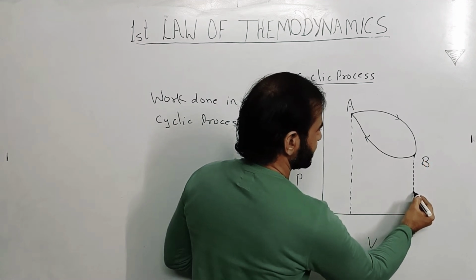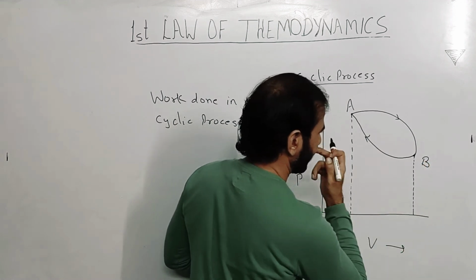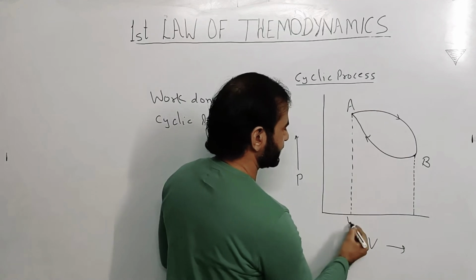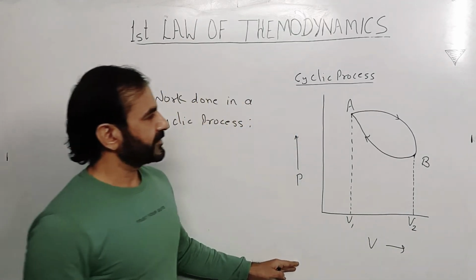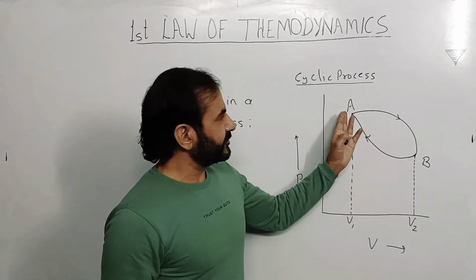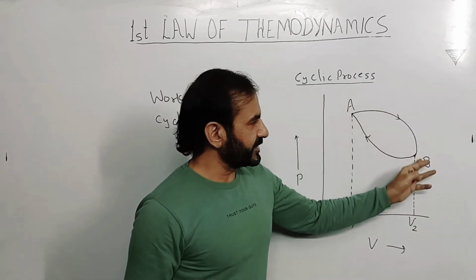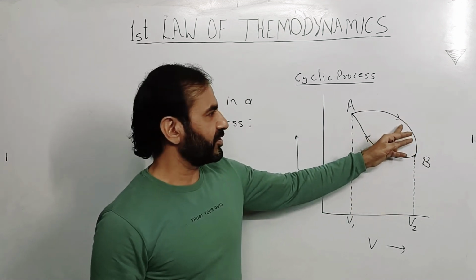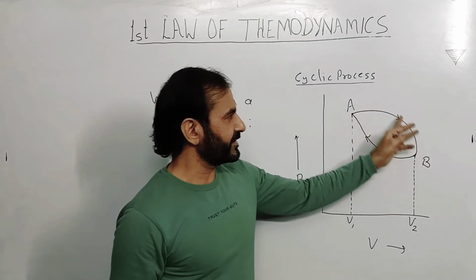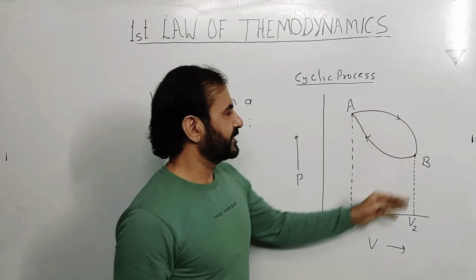When it goes to state B, its volume is different. Say it is V1, it is V2. When the system goes from state A to B, then work is done by the system because volume is increasing. Obviously, volume is increasing.